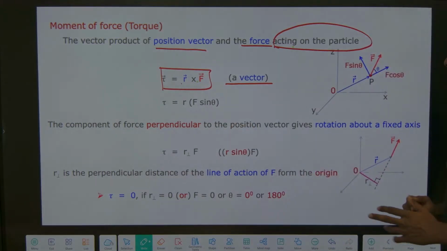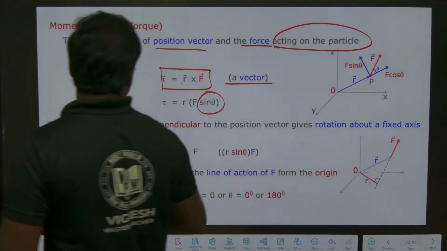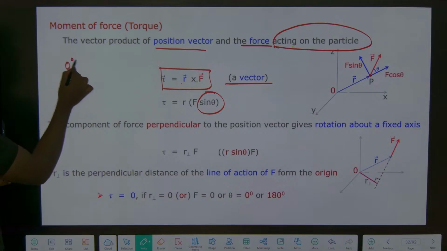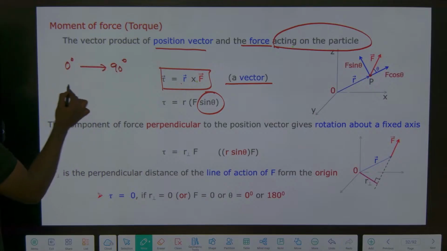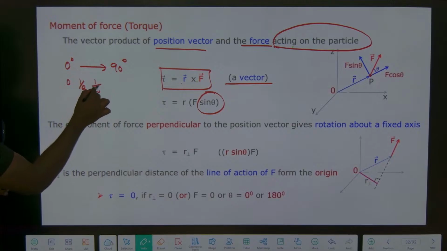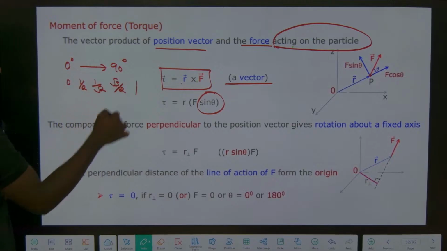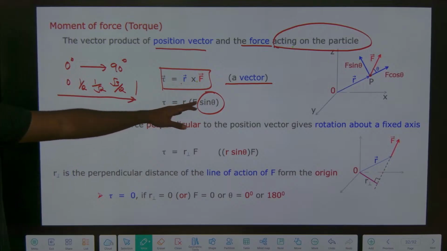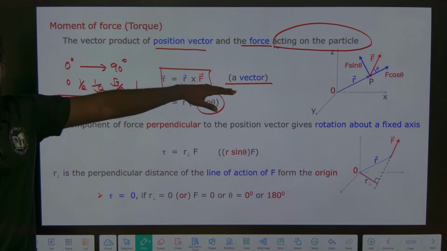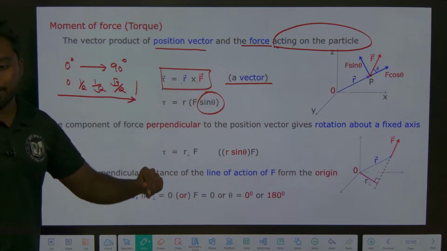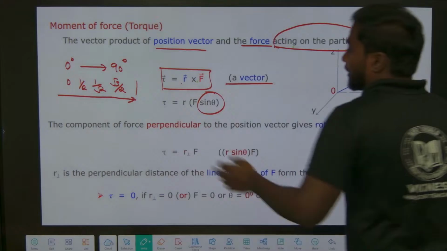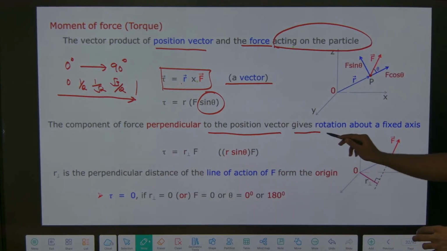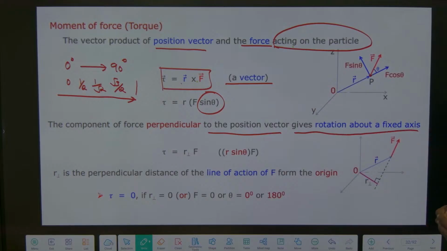When we talk about sin theta, as the angle increases from 0 degree to 90 degree, the values are 0, 1 by 2, 1 by root 2, root 3 by 2, 1. Is this value increasing or decreasing? Increasing. The component of the force perpendicular to the position vector gives the rotation about the fixed axis.